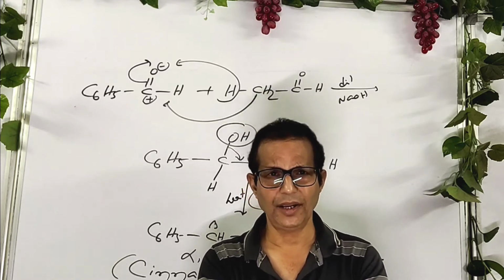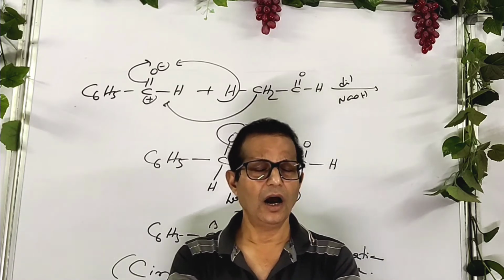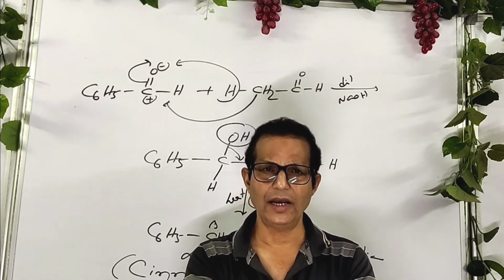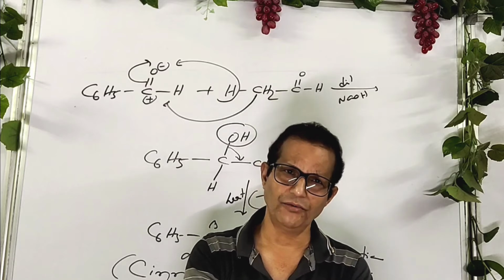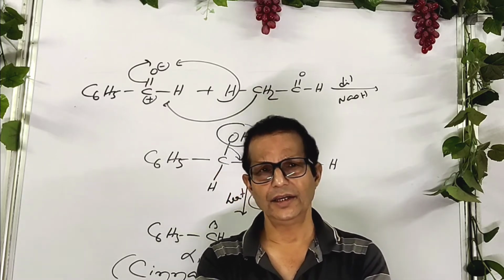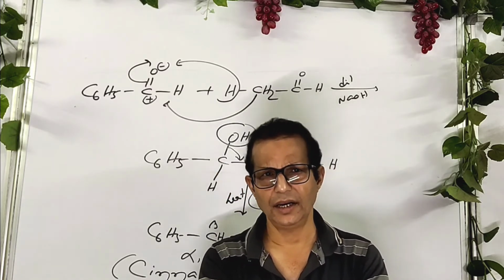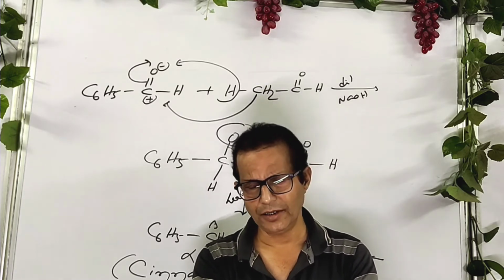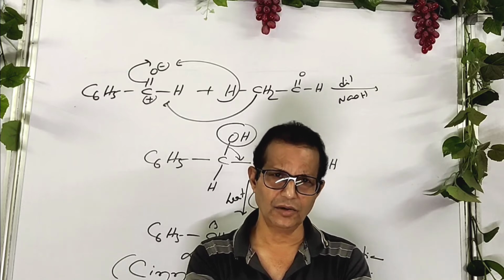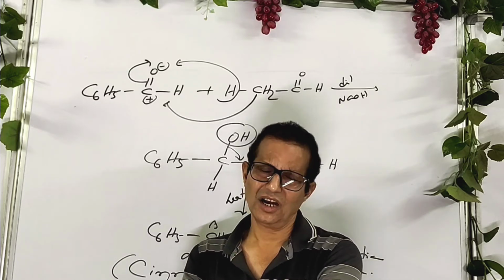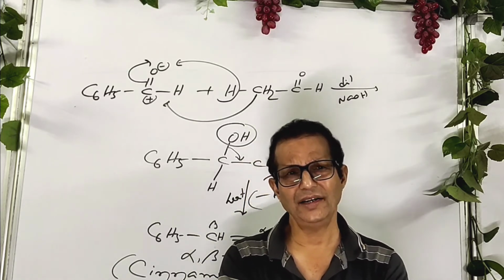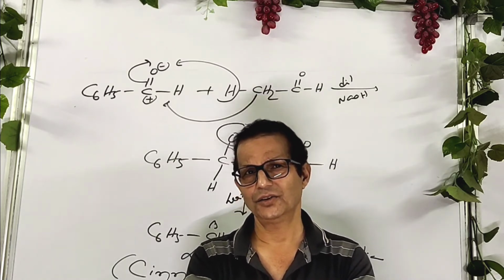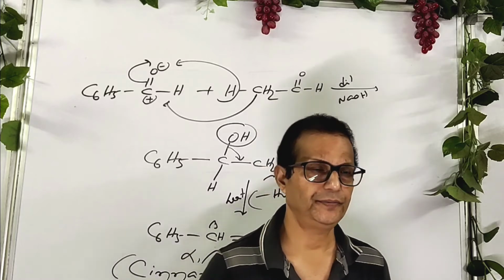Very important. Okay, once again, a beaker is taken here. In a beaker, certain amount of acetaldehyde and certain amount of formaldehyde are taken. At first, add a little bit dilute sodium hydroxide. As the reaction proceeds, just after some time, add a little bit concentrated sodium hydroxide. So let's check the reaction.